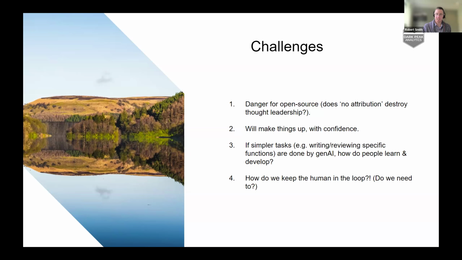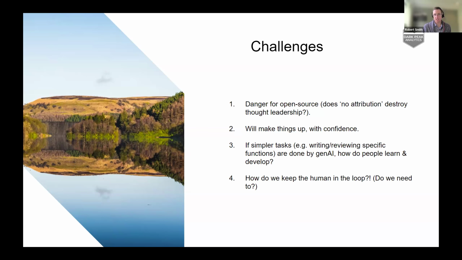Currently, you might use some method or algorithm that somebody's created and attribute them. And as much as we would like to say we go to work for the benefit of humanity, there's a certain amount of ego and career progression that goes with that. So if we're using these large language models and they are just giving us the answers, but based upon published open source code and literature, with no attribution, then where's the incentive to come up with novel new ideas and to publish them?